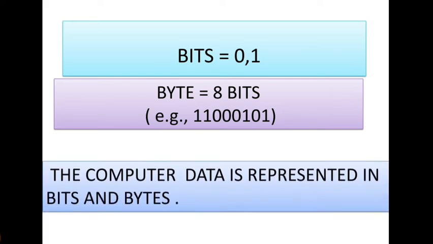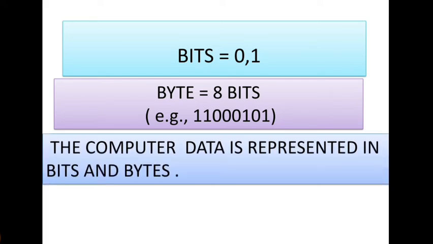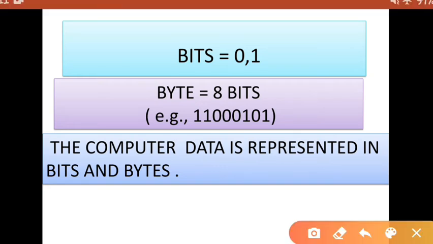The combination of 8 bits, what is it? Byte. Yes, it is a byte. Bits include only two digits, 0 and 1, and the combination of 0 and 1 totals 8 bits.